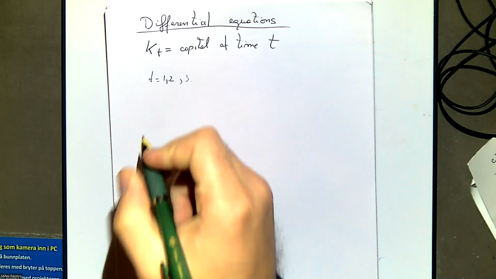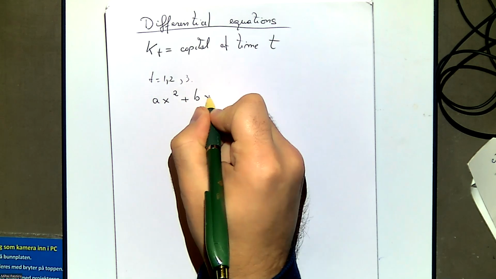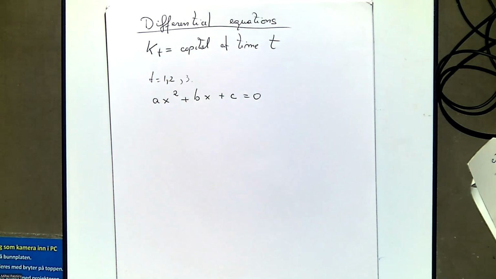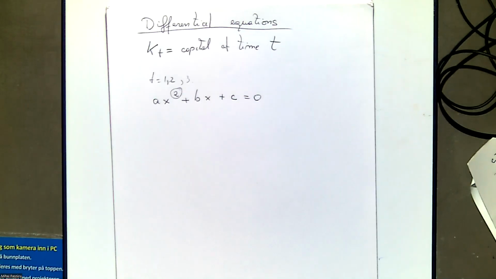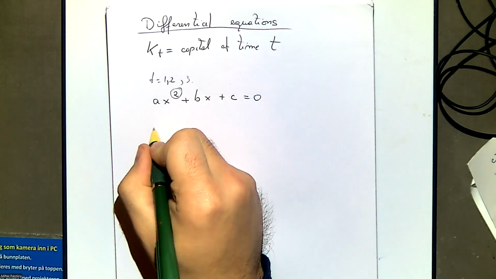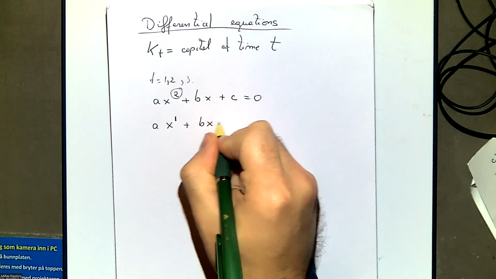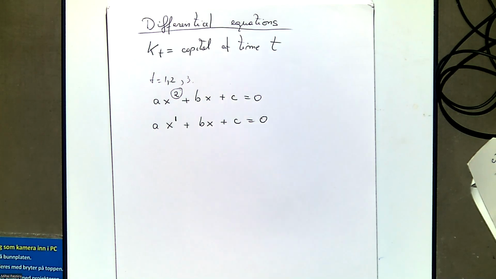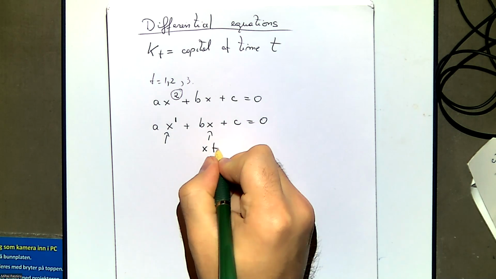Now, the way I think of them is I start from the basic quadratic. This is how your quadratic looks like, the simplest version. And how does a quadratic look like? You just have a second degree here. In our case, differential equations, they look exactly the same, except you have a derivative sign here. And now, the idea is that this x is a function of time.